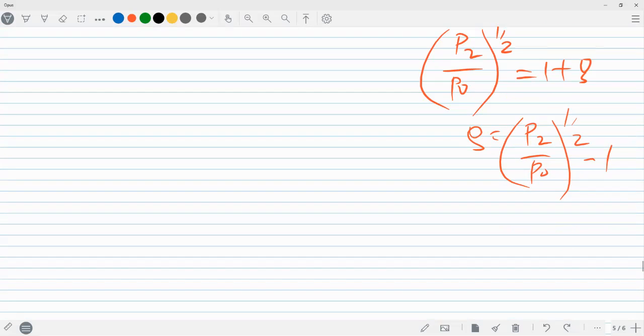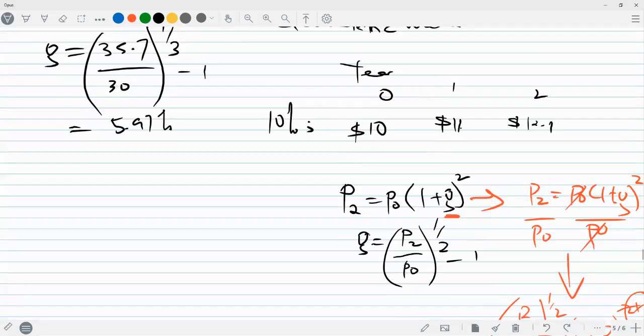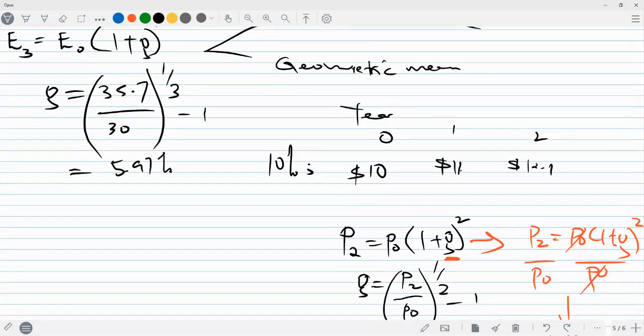Don't forget, the main advantage of using the geometric mean is that we get a constant growth for every year, irrespective of those years where there was maybe high growth and other years low growth. So we want to get a constant growth in either the earnings per share or the dividend by using the geometric mean. But you can also use the arithmetic mean.